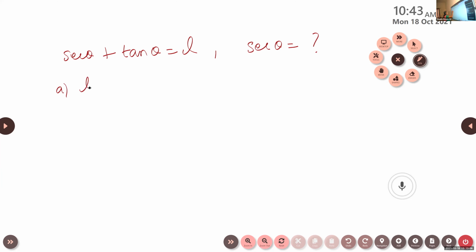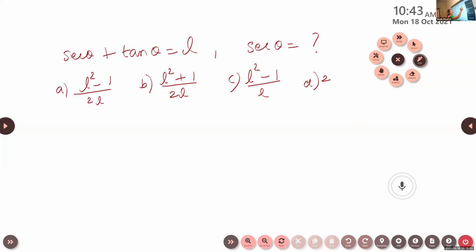Option A, L square minus 1 by 2L. B, L square plus 1 by 2L. Option C, L square minus 1 by L. Option D, 2 into L square minus 1 by L.